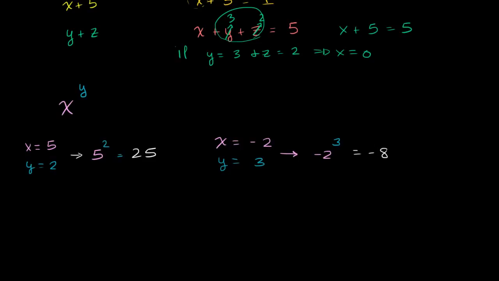So you see, depending on the values of these variables, we could do even more complex things. We could have an expression like the square root of x plus y, and then minus x, like that. If x is equal to, let's say, 1 and y is equal to 8, then this expression would evaluate to, well, every time we see an x, we want to put a 1 there.